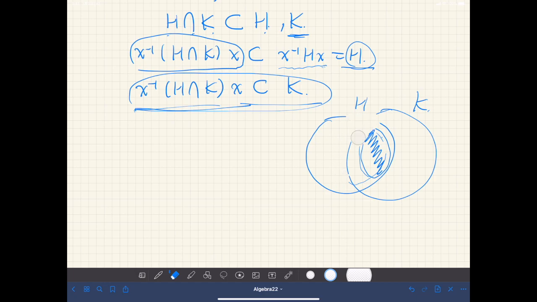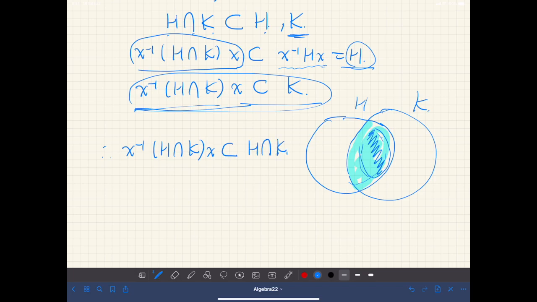So everything is inside the intersection. So what this means is X inverse H cap K X is a subset of H cap K. And from the previous lemma, this implies that H cap K is a normal subgroup. And we are done.